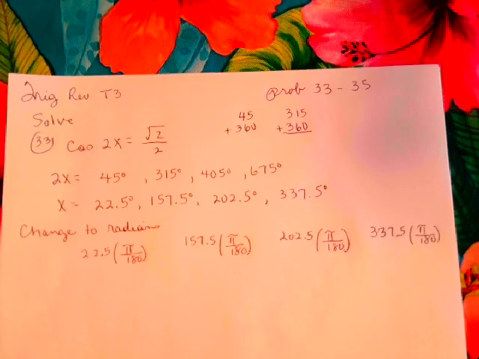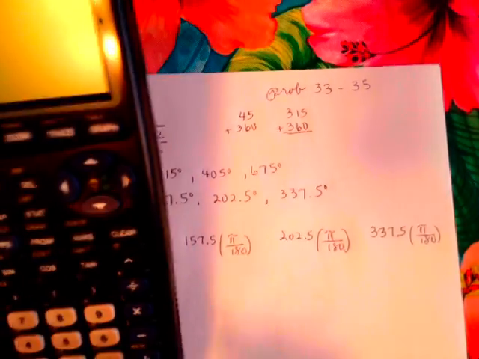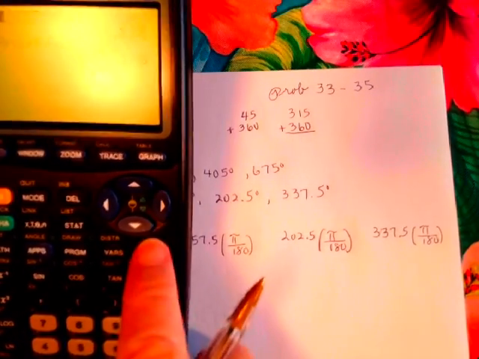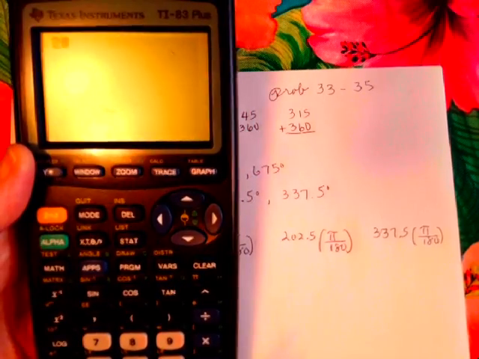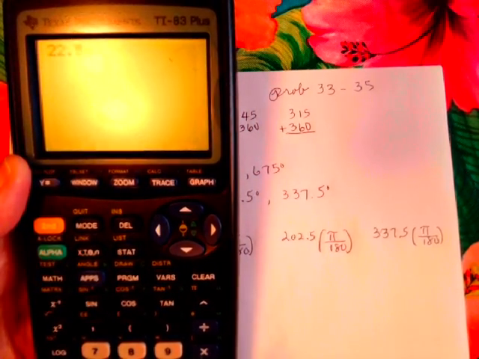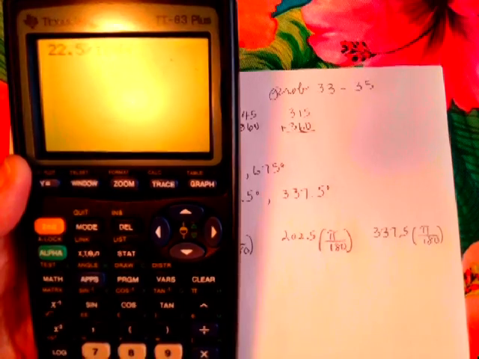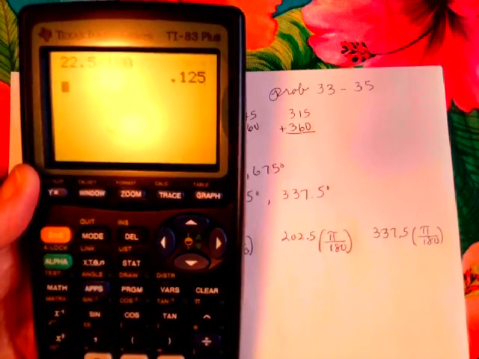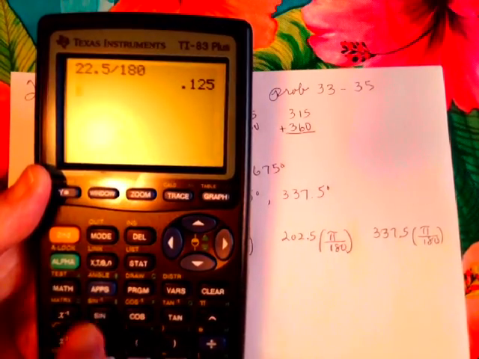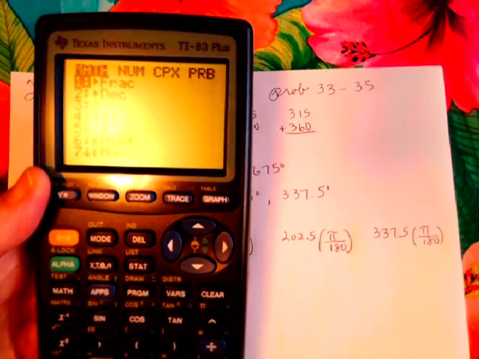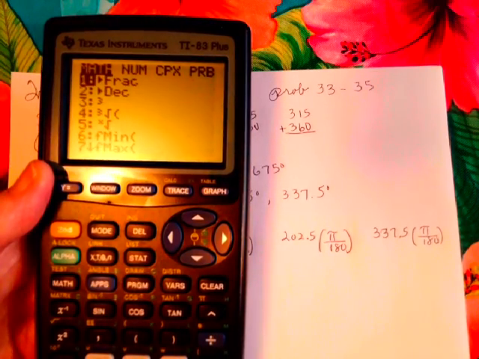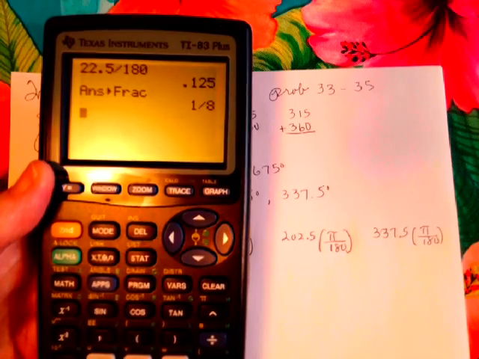Use your calculator. Do 22.5 divided by 180. You want to change that to a fraction, so you go math, fraction is highlighted, press enter, press enter.